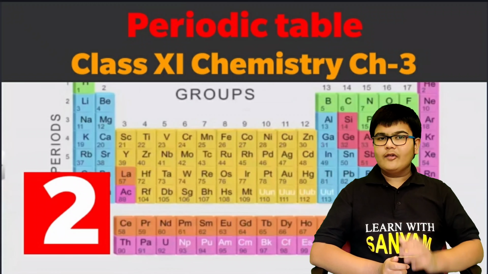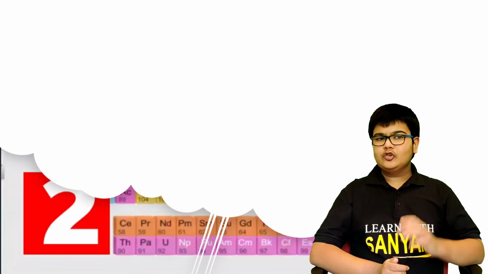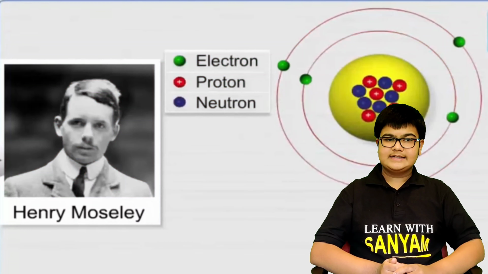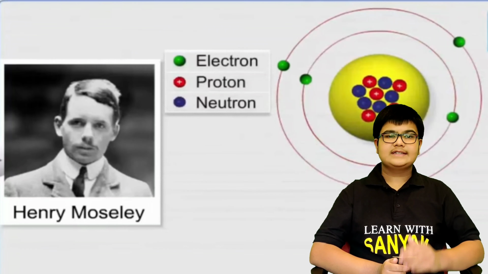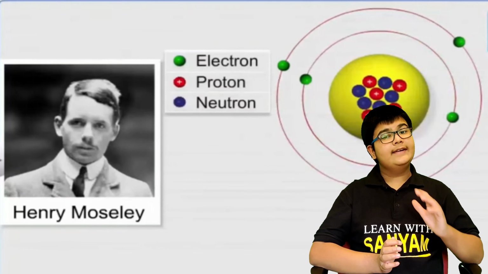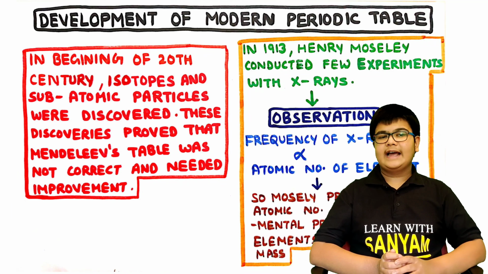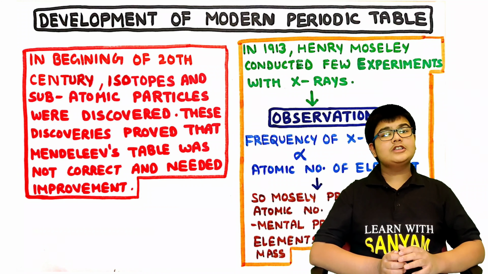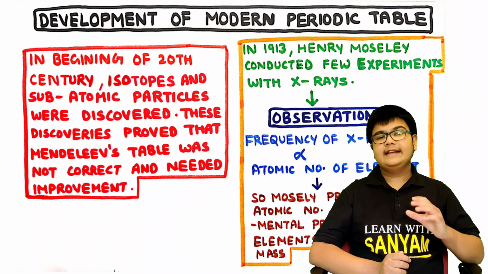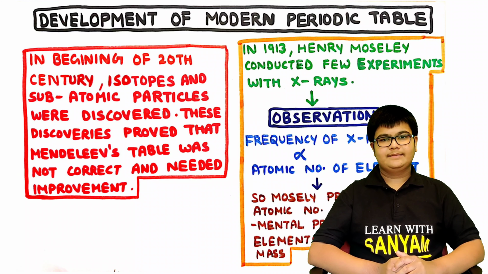So, in the beginning of the 20th century, isotopes and subatomic particles like electrons, protons, etc., were discovered. Now, these discoveries proved that Mendeleev's table was not correct and it needed improvement.